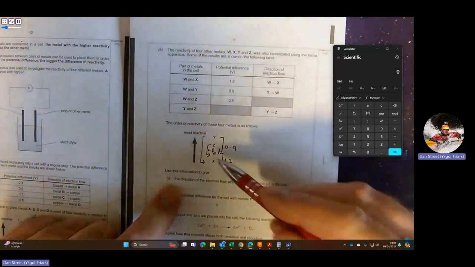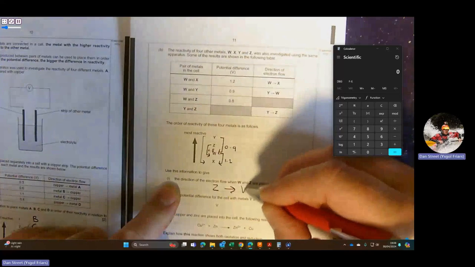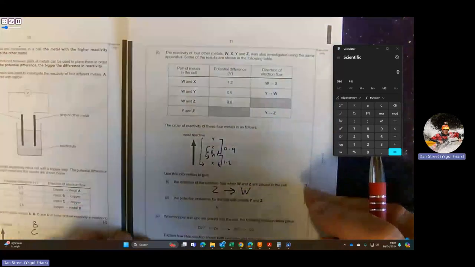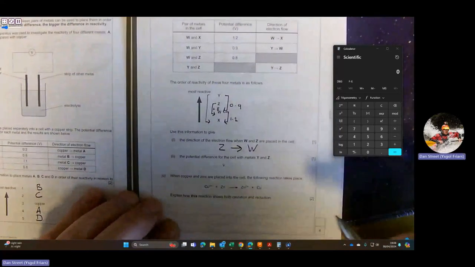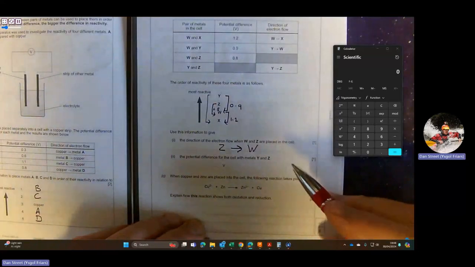So we can simply repeat what we've written here. We can say Z to W because of the reactivity series given in the question, and then what's the potential difference for the cells Y and Z?